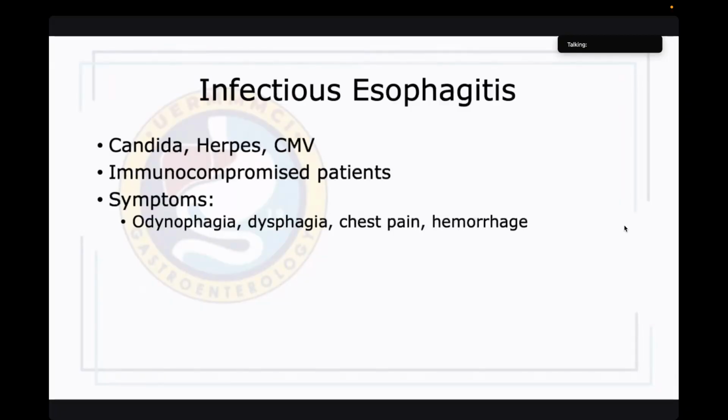Regardless of the infectious agent, the most characteristic symptom in infectious esophagitis is odynophagia or pain during swallowing. Although patients can also experience other symptoms such as dysphagia, chest pain, and gastrointestinal bleeding.